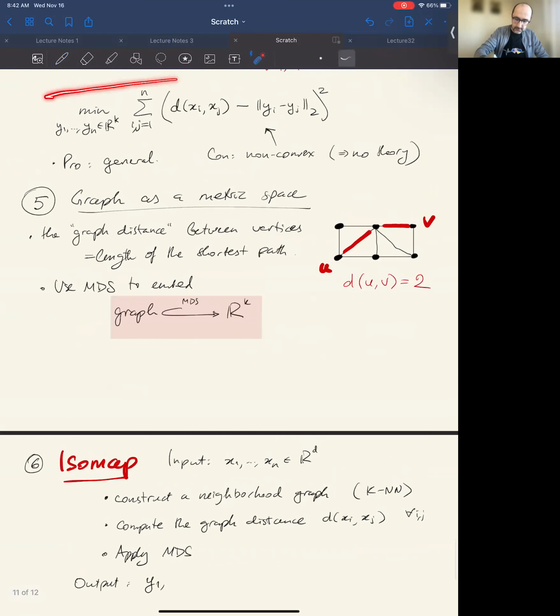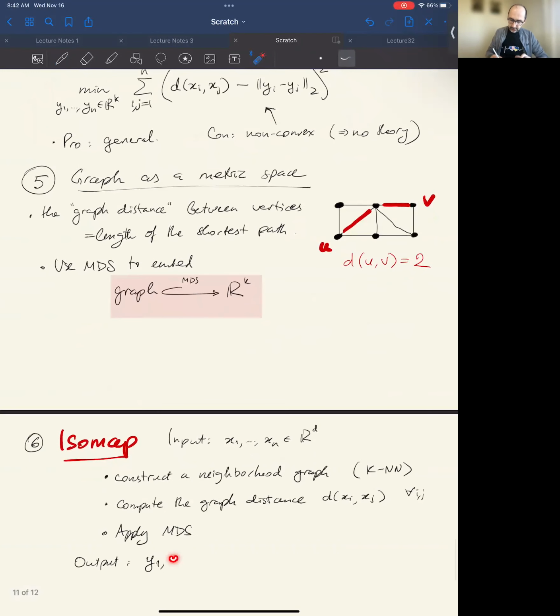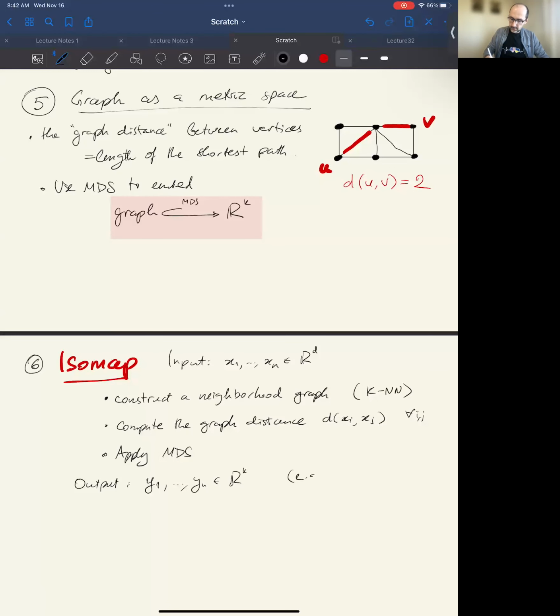So we apply the multidimensional scaling like this for the graph distance, and we output the resulting set of points, maybe in R^2, for example. And this k maybe, for example, 7.